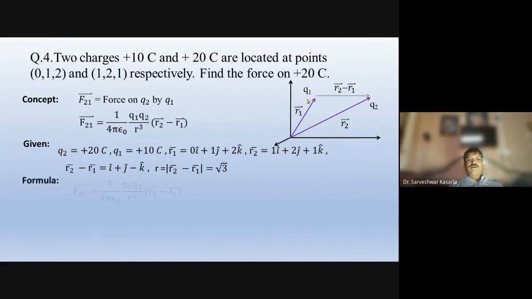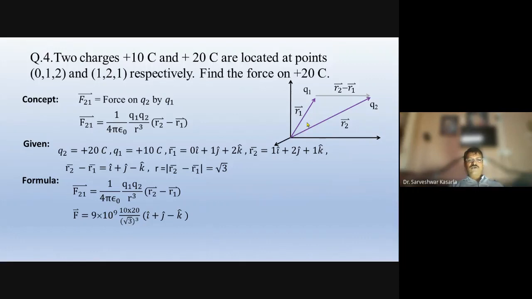If you use the formula and put the values, on the denominator we have square root of 3 whole cube, which is 3 into root 3.